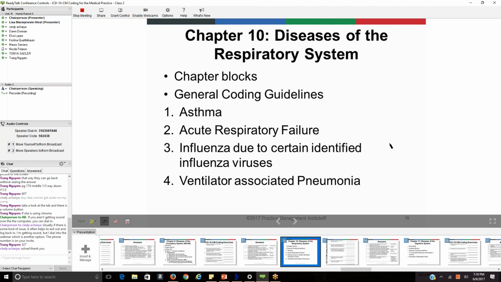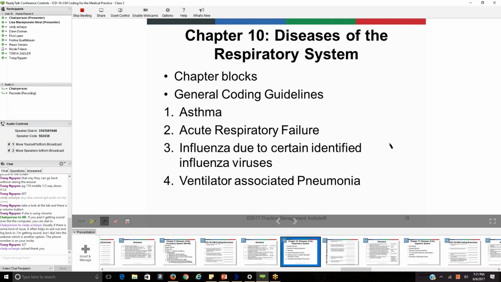There are also a few chapter-specific guidelines for COPD and acute respiratory failure. For COPD, which is chronic obstructive pulmonary disease, and asthma, it is an acute exacerbation of chronic obstructive bronchitis and asthma.